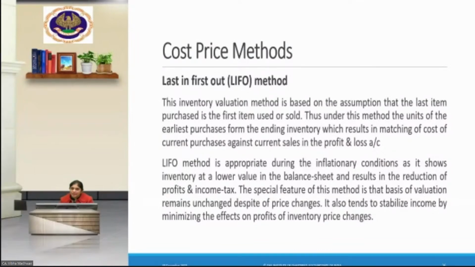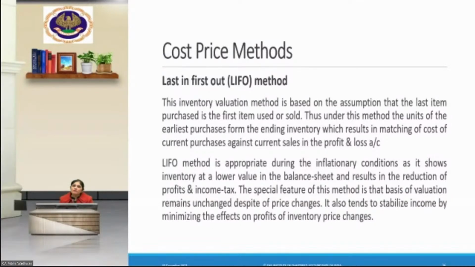So here again, in this method, the units of earliest purchases form the ending inventory, which results in matching the cost of current purchases against current sales in the profit and loss account. I hope you got the idea here. In FIFO, whatever material I'm issuing to production forms part of the cost of production.